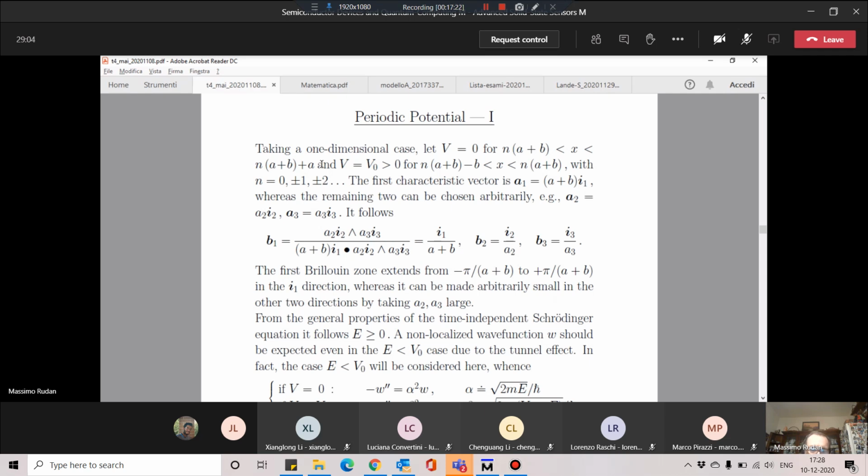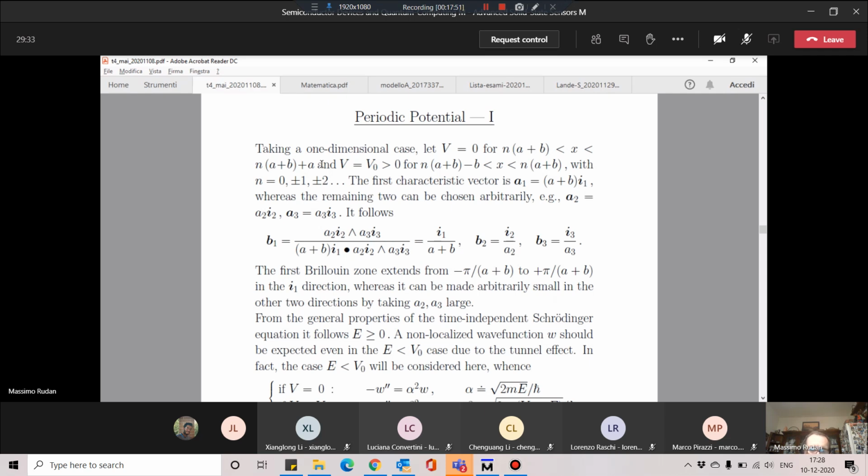Of course, we assume that a2, a3, and a1 are mutually orthogonal because they are proportional to the unit vectors of the axes. So the vector product in the numerator gives i1.